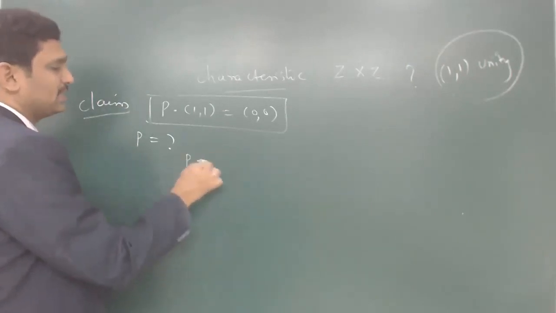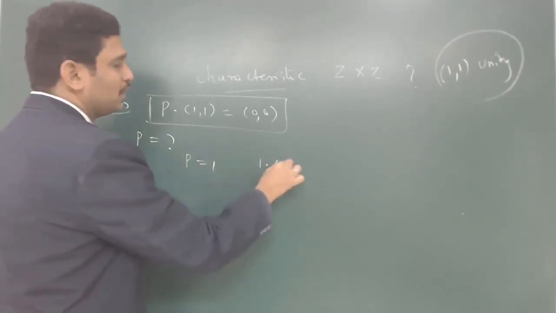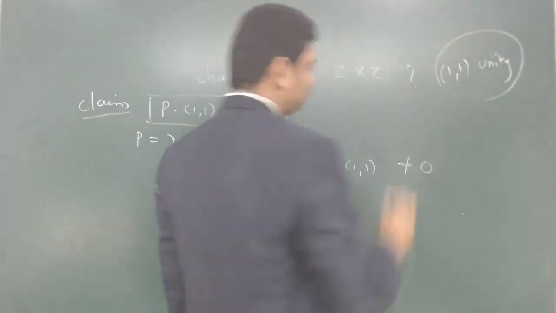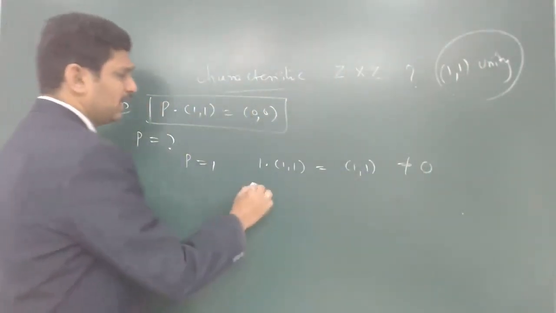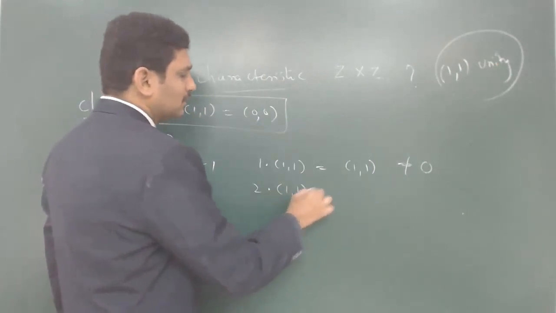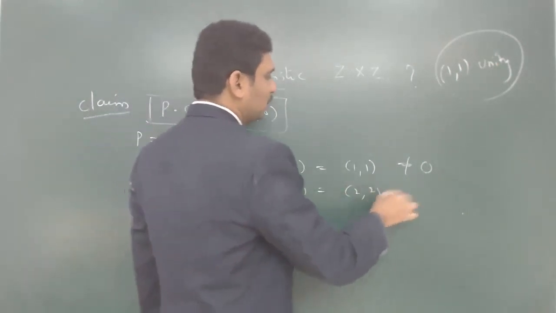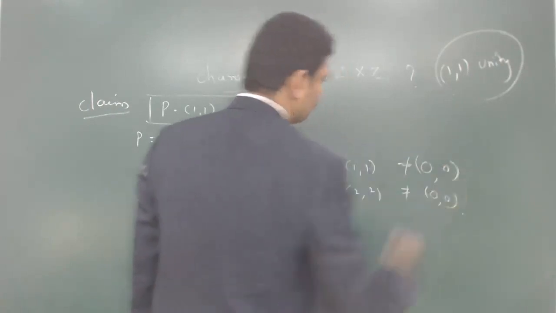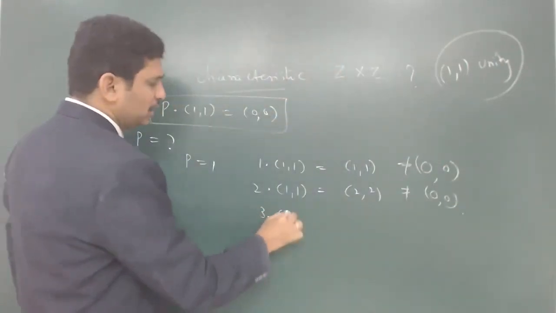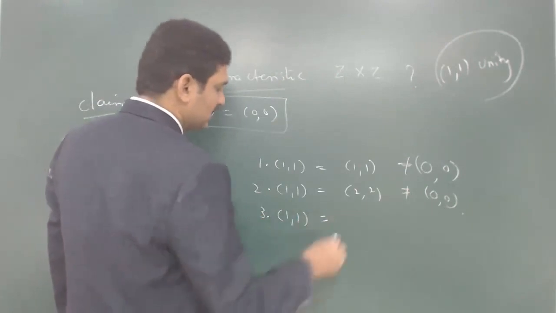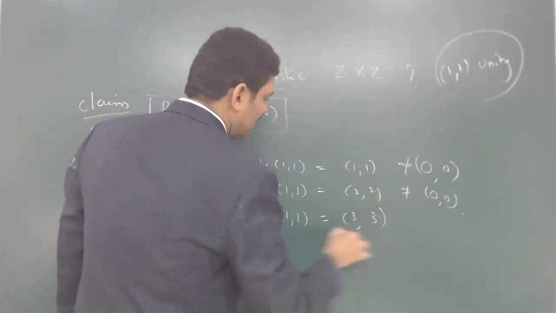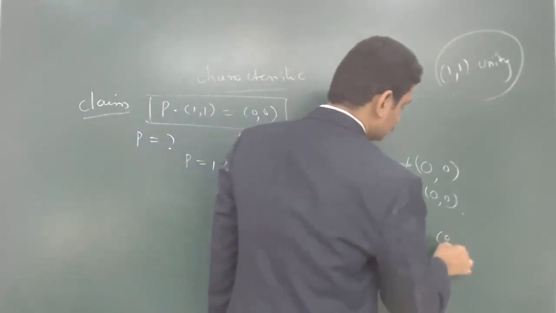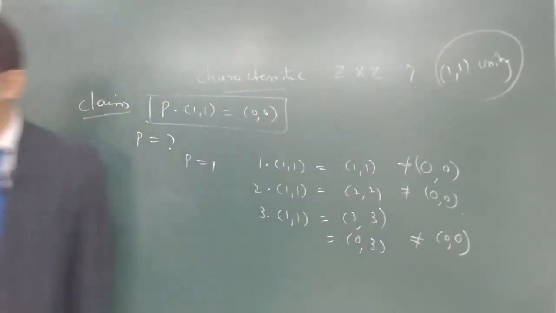Now you start taking the numbers. Suppose p is equal to 1, so 1 times (1, 1) gives (1, 1), not equal to 0. If you take 2 times (1, 1), that is (2, 2), not equal to 0. If you take 3 times (1, 1), this is (3, 3), which is (0, 3). Why?